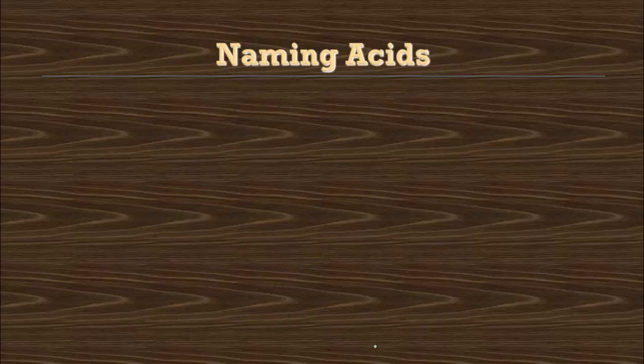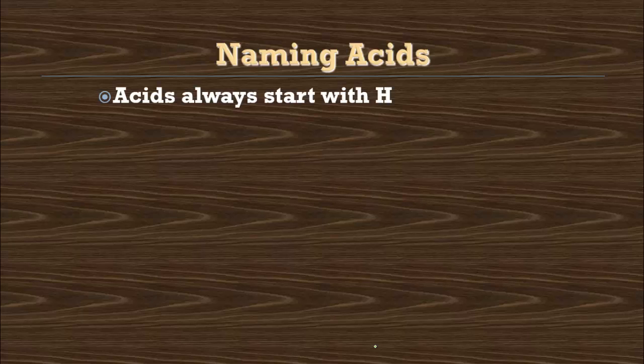So let's look at naming acids, because they kind of follow along the same idea. The way you know you have an acid is it's always going to start with H, except maybe one of them, but most of the time acids will start with H. And it's the anion that is going to drive the acid's name.